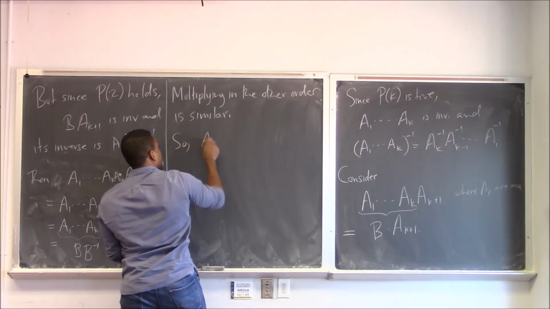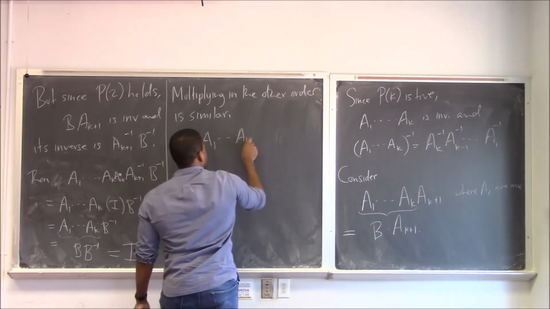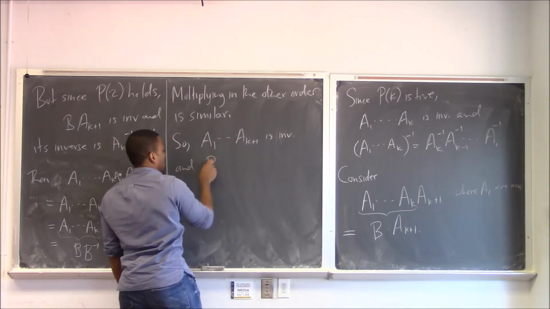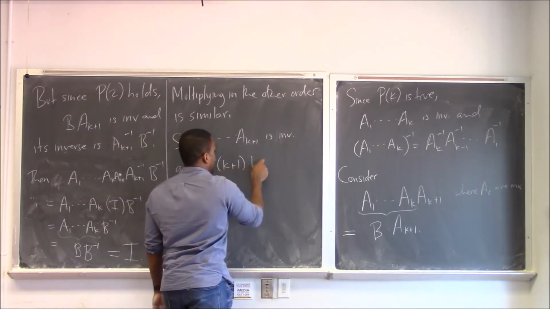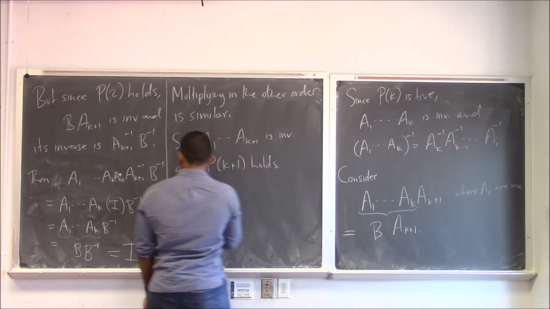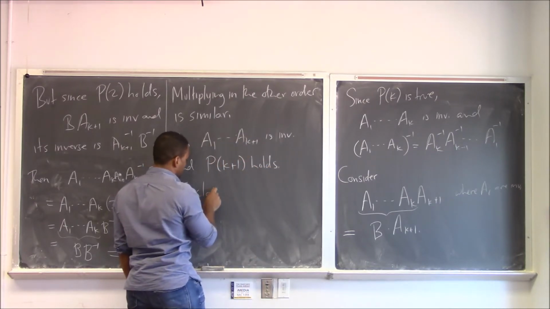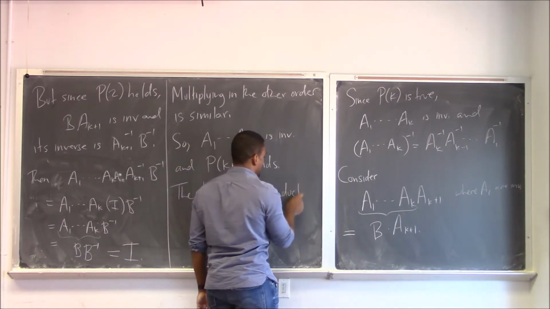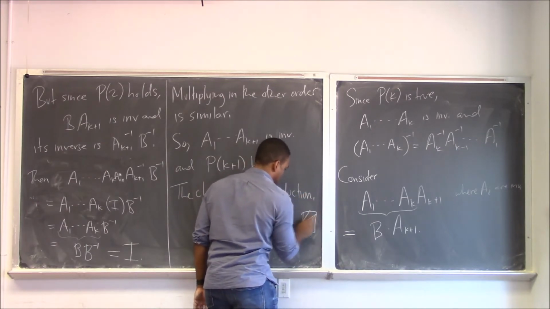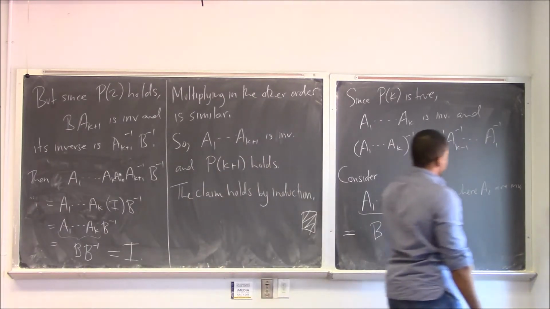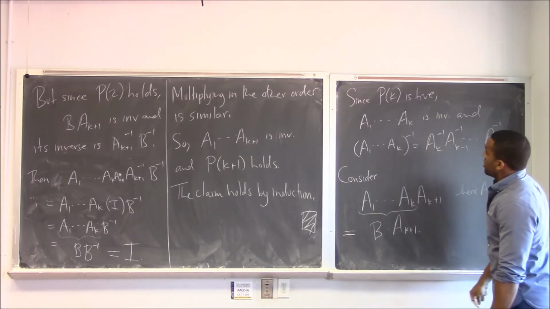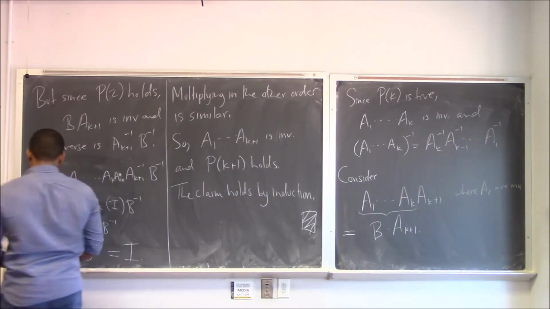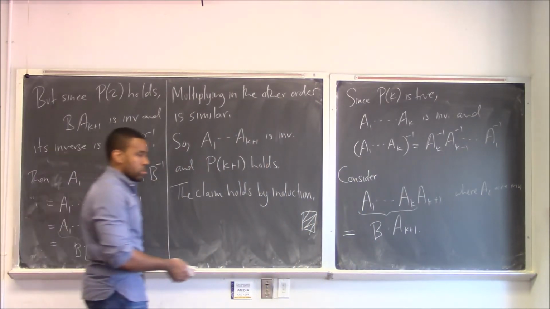So it means that these guys up to A_{k+1} is invertible, and P(k+1) holds. So any finite list of invertible matrices of the same size is also invertible if you take their product. The product is also invertible.